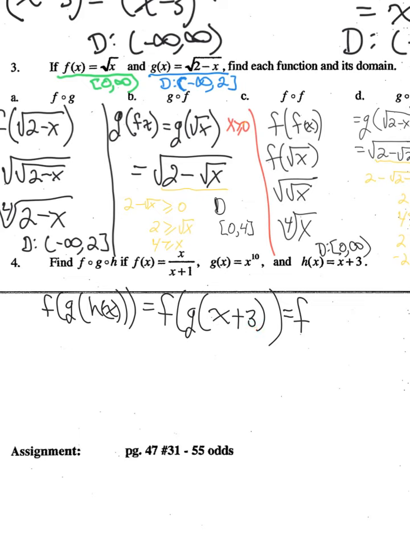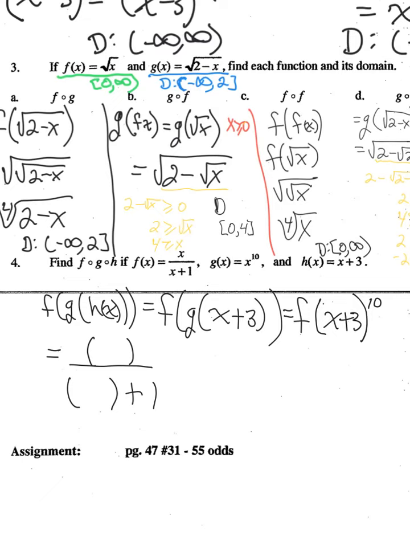So that means I'm going to get f acting on (x plus 3) to the power of 10. So once again, (x plus 3) to the power of 10 is defined for all real numbers. No problems yet. Then what does f do to its input? Well, f takes its input and puts it on the top and then on the bottom plus 1.